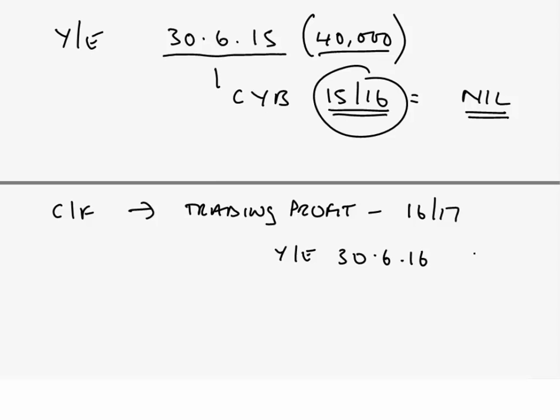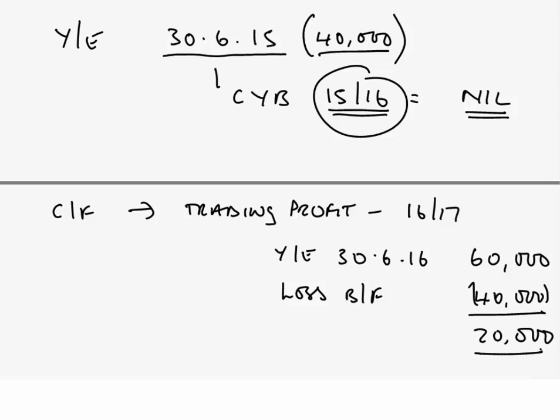So if, for example, the profit for that period was £60,000, you would then deduct the loss brought forward, and all of that 40,000 would be used, leaving you with a £20,000 assessment to include within your income tax computation. You'd have a 20,000 net after loss brought forward, a 20,000 net assessment.